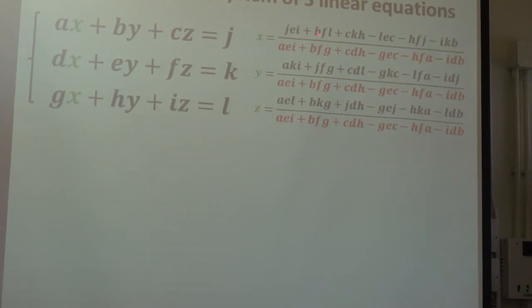And take a look at B, F, L, and then C, K, H. They follow the same arrangement. You can also see that for y, they follow with the same arrangement, replacing the coefficients with J, K, L, or for z, replacing C, F, I.